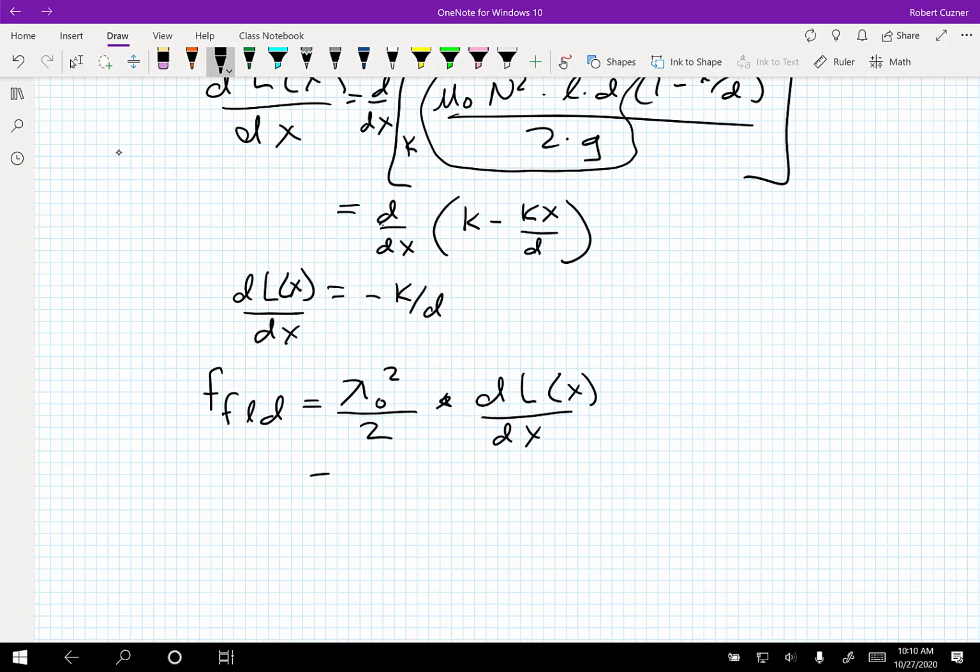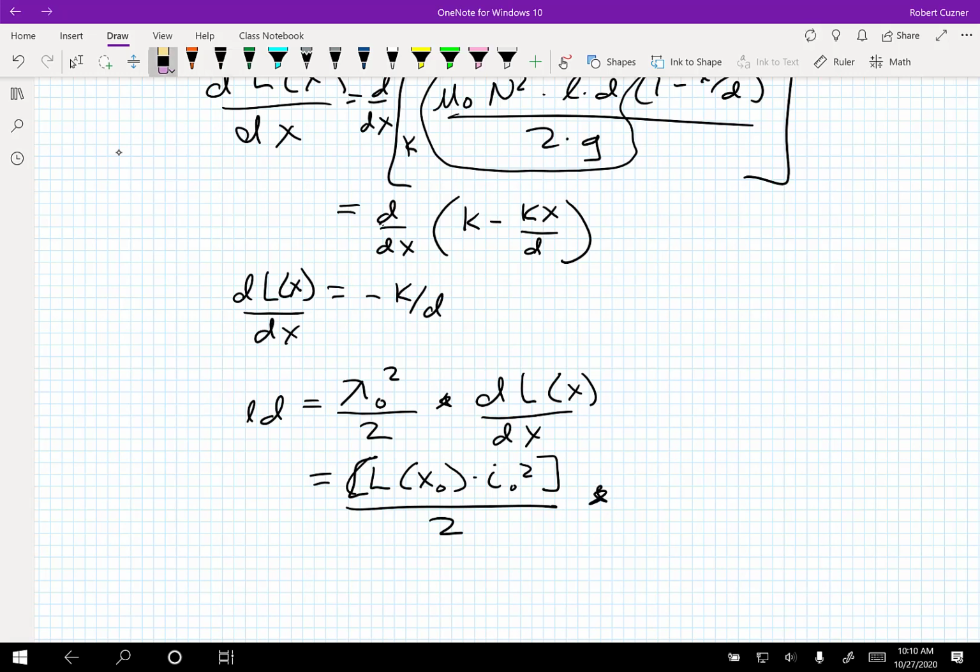And so we would say that this is L of some position x times the current that we had, divided by 2.